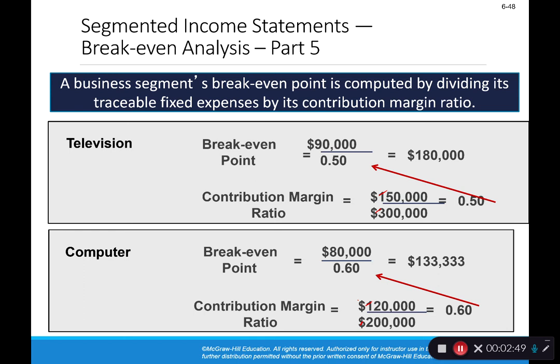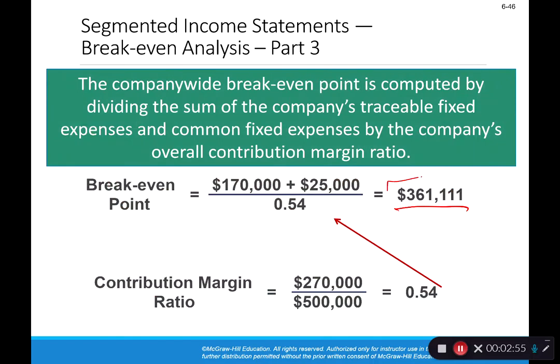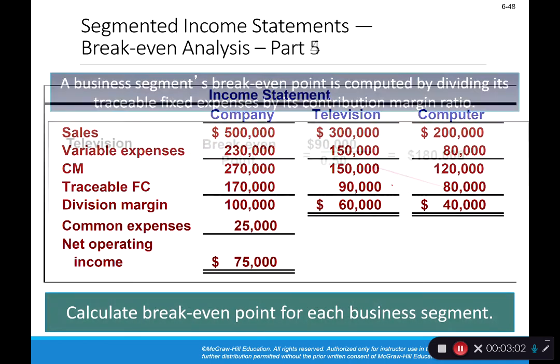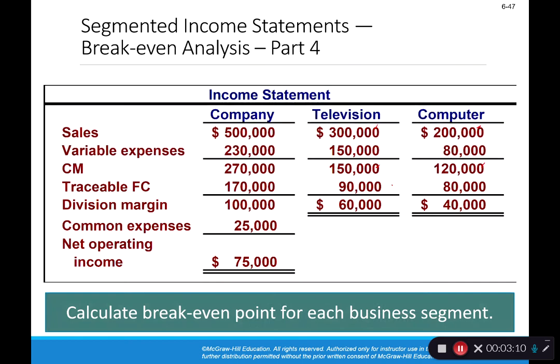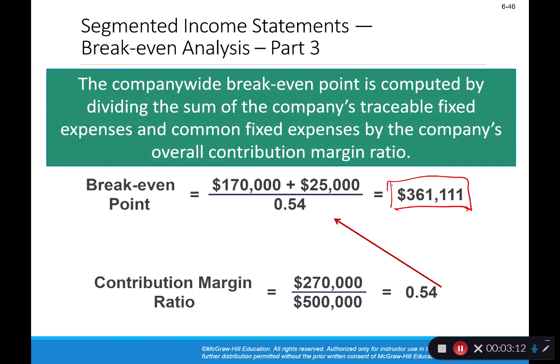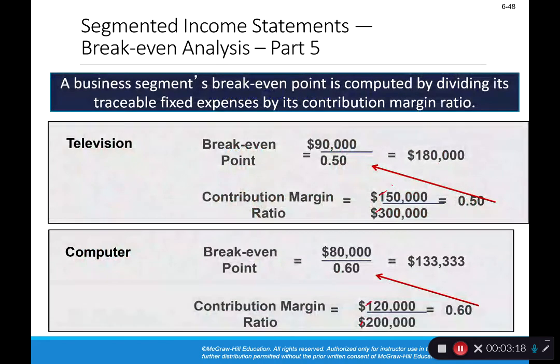And that's why the total sales that you see here, 180 and the 133, are less than the 361 that's needed to break even for the company overall. So the 180 and the 133 is 313. And that's different than the 361 needed to break even for the company overall. And again, that's because of the common fixed cost.